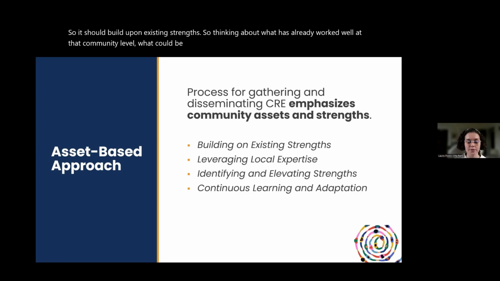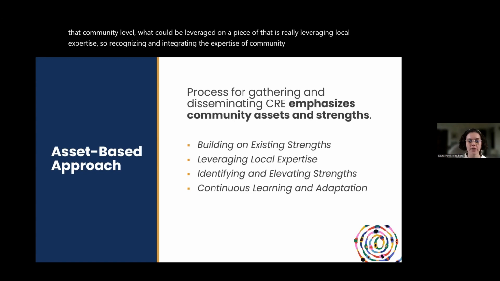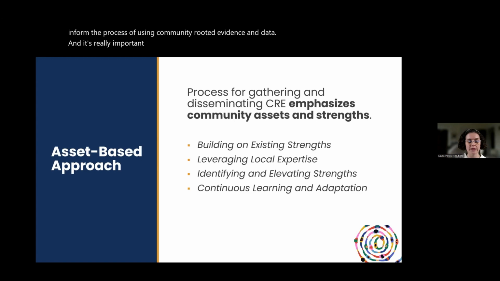A piece of that is leveraging local expertise. So recognizing and integrating the expertise of community members, whether in whatever domain of public health it may be. And this local knowledge should inform the process of using community-rooted evidence and data. And it's really important to be identifying and elevating successes.